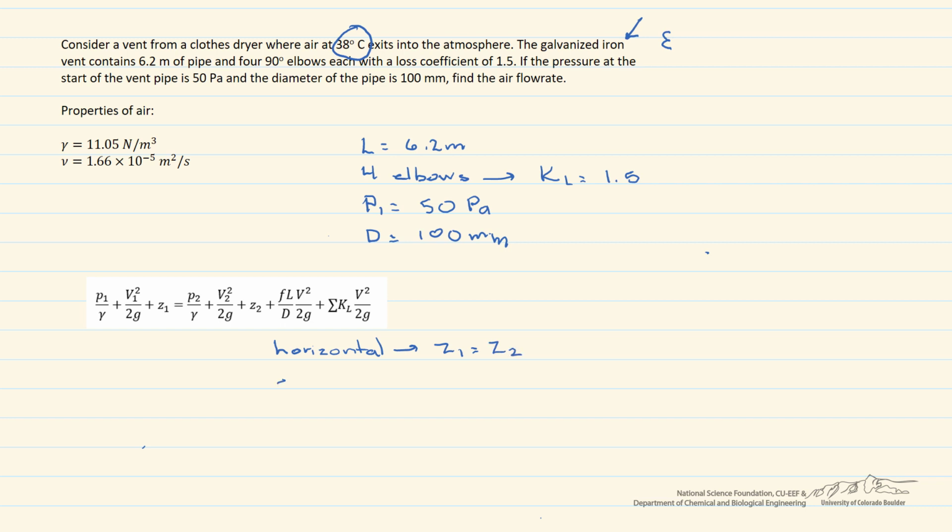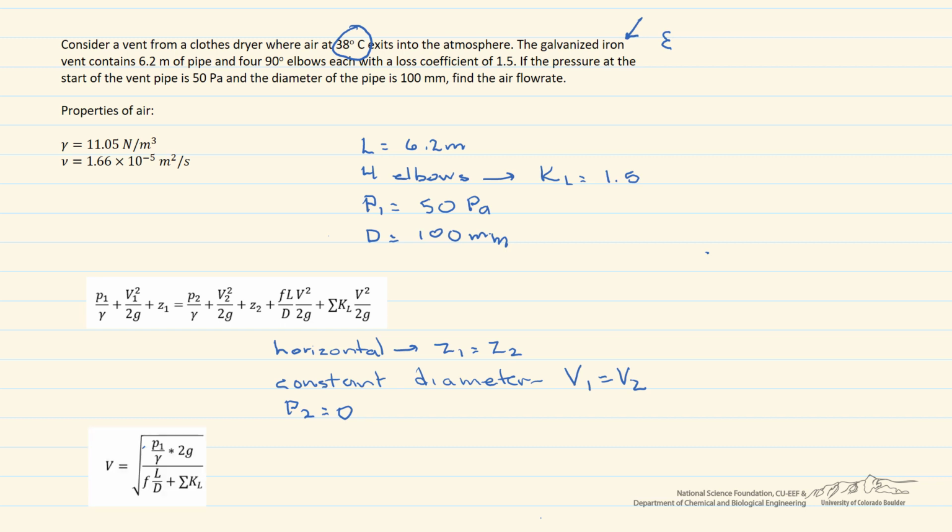We're also going to say that the diameter is constant, and so what that means is that V1 is equal to V2, and finally it vents into the atmosphere, so that means that our P2 is equal to 0. So if we rearrange the equation, we can write it in terms of the velocity.